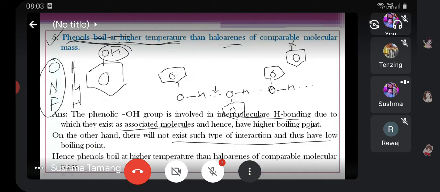In haloarenes, dipole interaction exists, but this dipole interaction is weaker than hydrogen bond. So because of that, phenol has high boiling point, and haloarenes have low boiling point of comparable molecular mass.